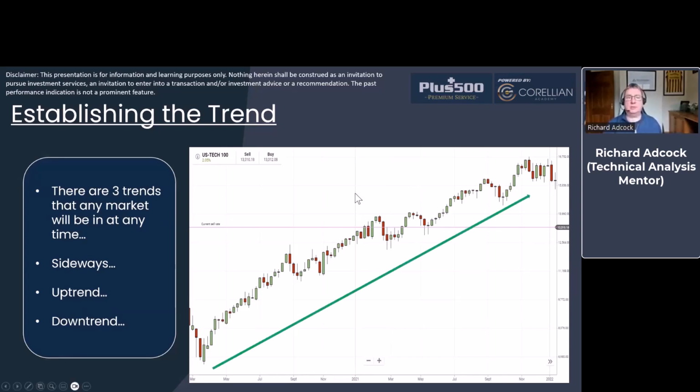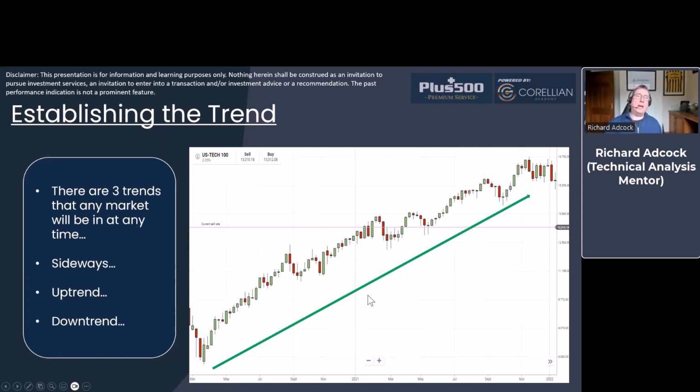And this is the US Tech 100 index back from March 2020 through to the end of 2021. This is a weekly chart. So you can see that we're trading within a positive trading condition, an uptrend.